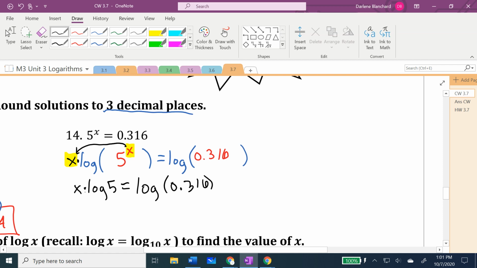And when you isolate x, since it's just multiplying by some number that happens to be log 5, you can just divide by it. So with your calculator, you're going to find the log of 0.316, and you are going to divide that by the log of 5. And what do you end up getting?